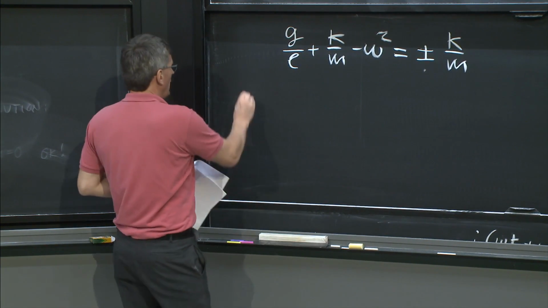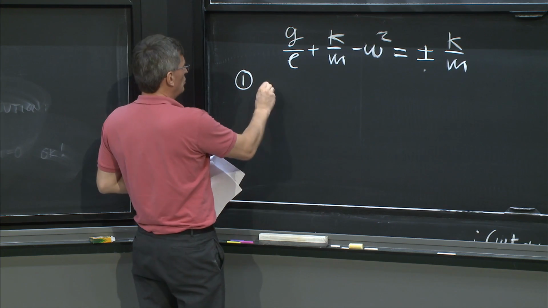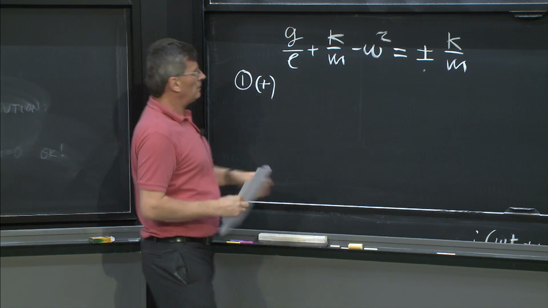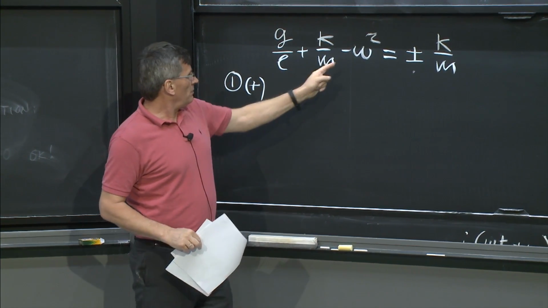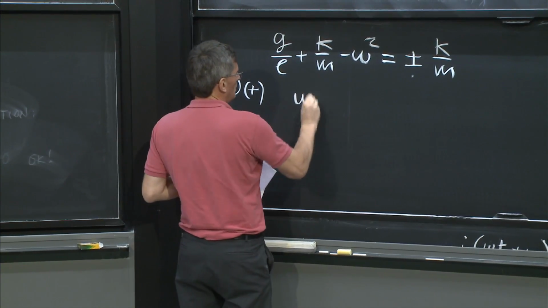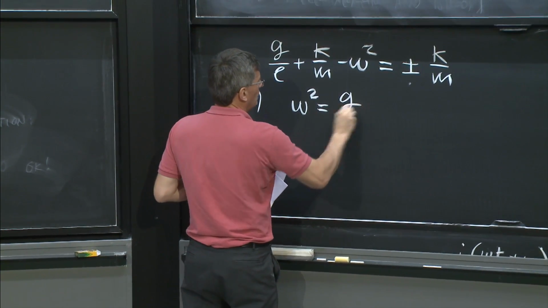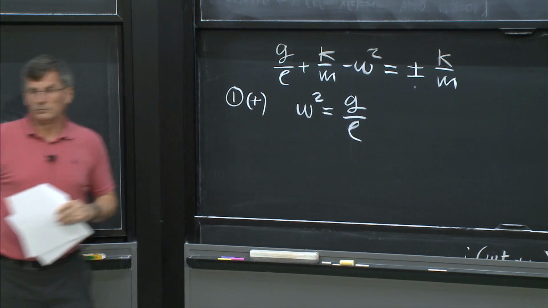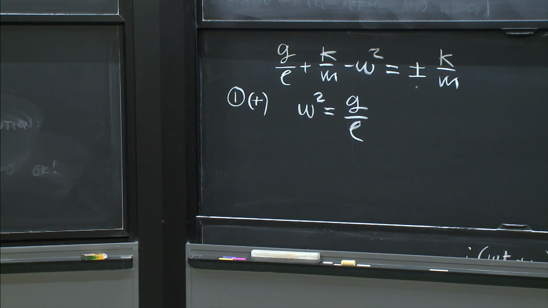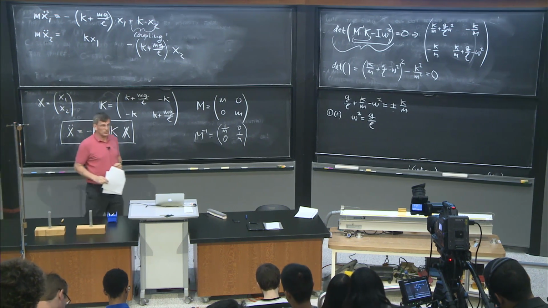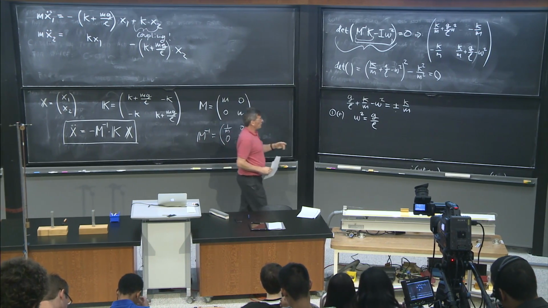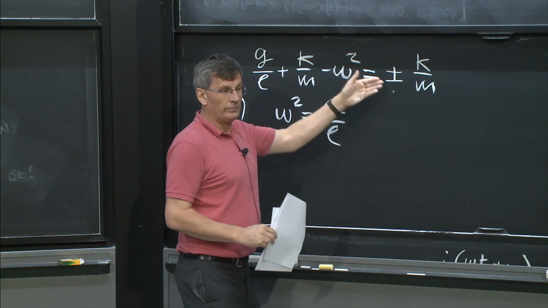So solution number one, which corresponds to plus sign right here, it basically says that omega squared is equal to G over L. Right? So there is one solution, one oscillation that does not depend on the spring constant because spring constant cancels.